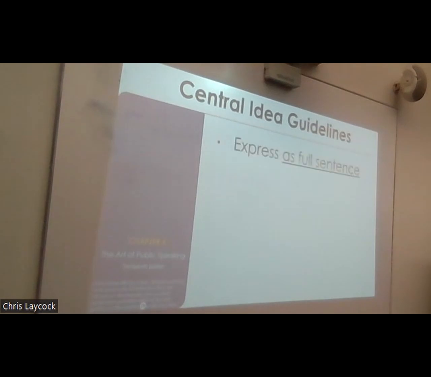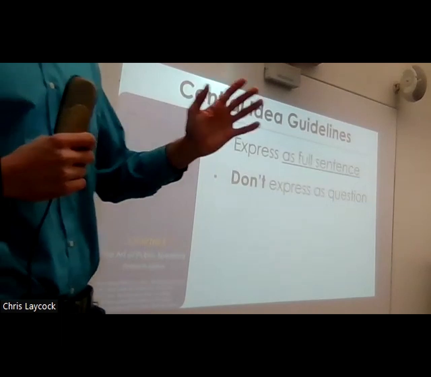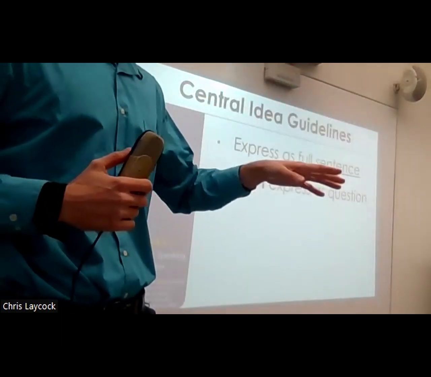So here are some guidelines. Express it as a full sentence, not something that just sort of drops off, like I'm going to talk about this, and then it just ends. Don't express it as a question, because then it makes you seem uncertain. If I use the term upward inflection, who knows what that means?